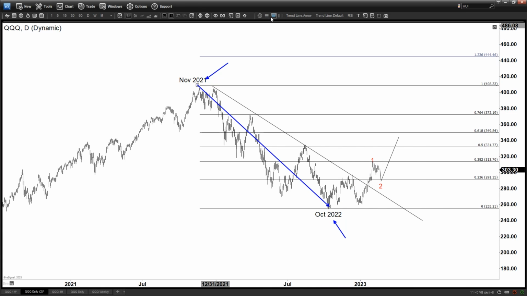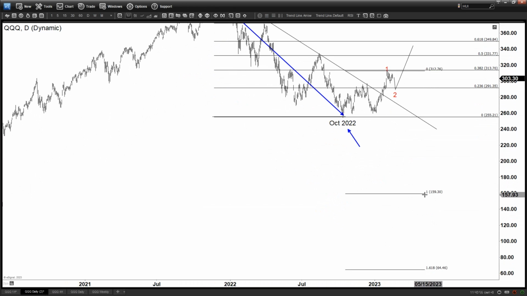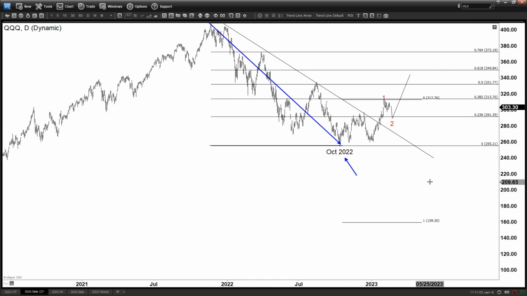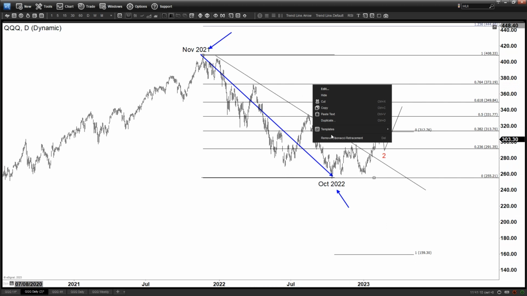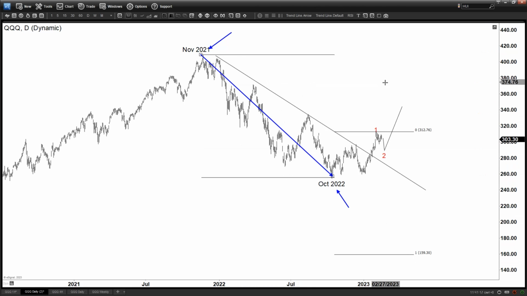And if you're going to be looking for a new low, this is going to be your first leg, this is going to be your second leg. Your 100% is 159. It looks a little bit out of reality in my opinion, right? From 400 to 159 is a little bit too much. So I would say that it is less likely to happen.